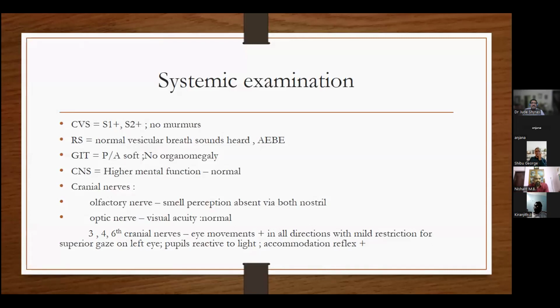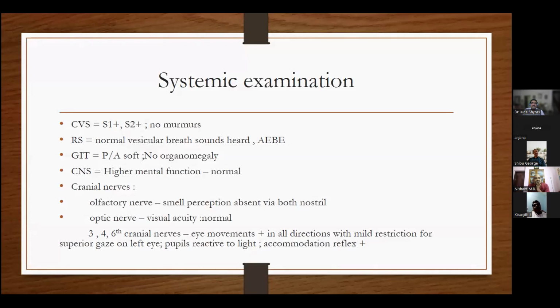Could you look for the pupil here? Yes, sir. Why? Horner syndrome. Not Horner syndrome, something else. What is RAPD? RAPD, relative afferent pupillary defect, sir.